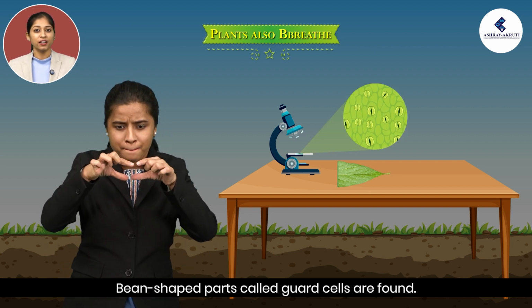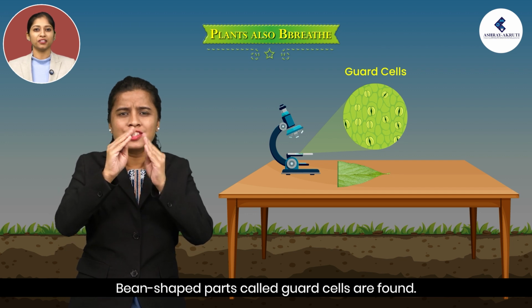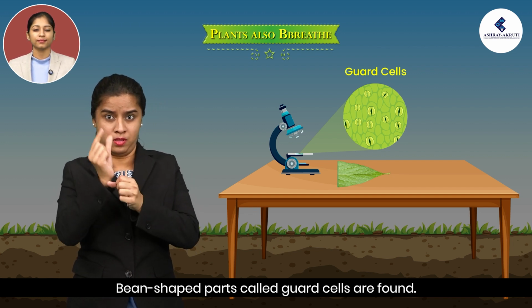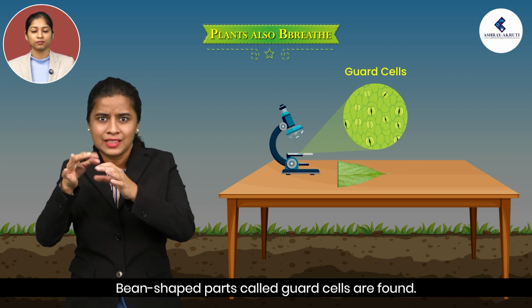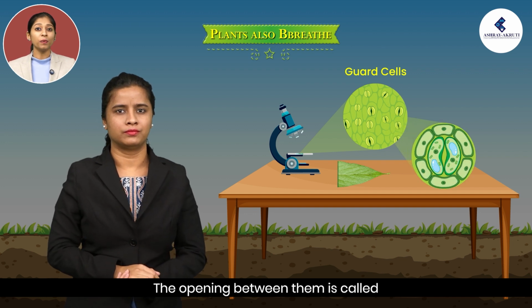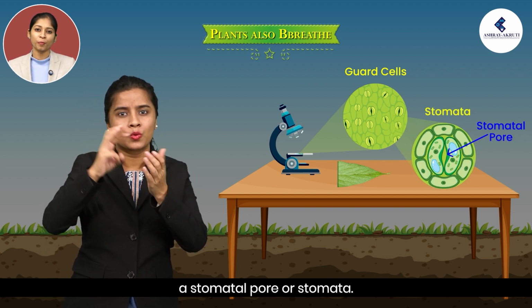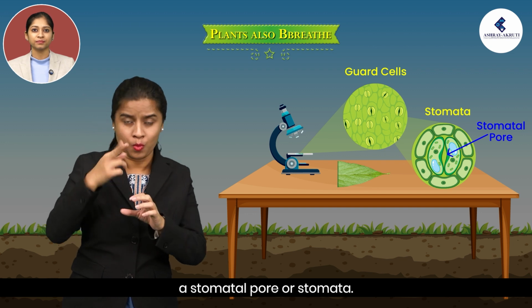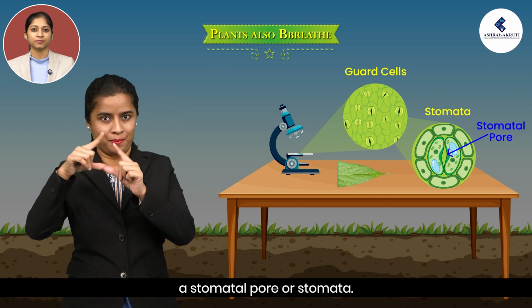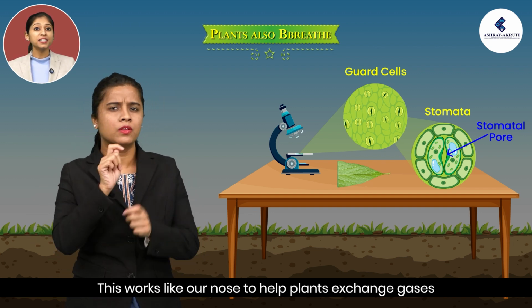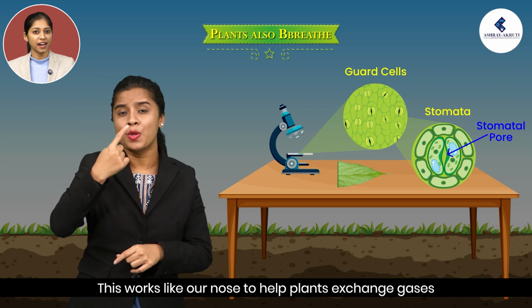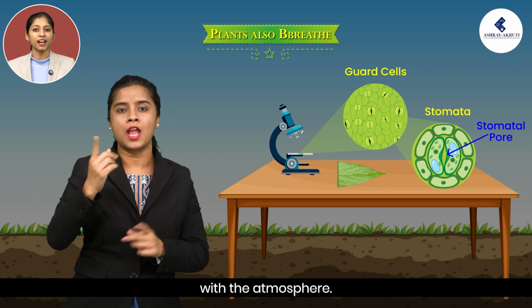Bean-shaped parts called guard cells are found. The opening between them is called a stomatal pore or stomata. This works like our nose to help plants exchange gases with the atmosphere.